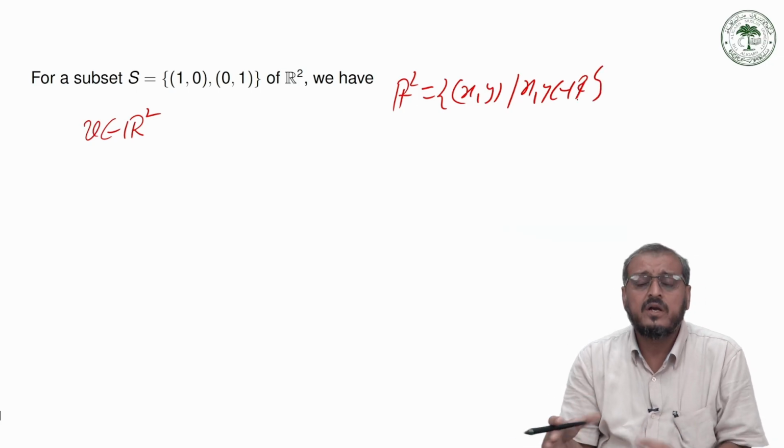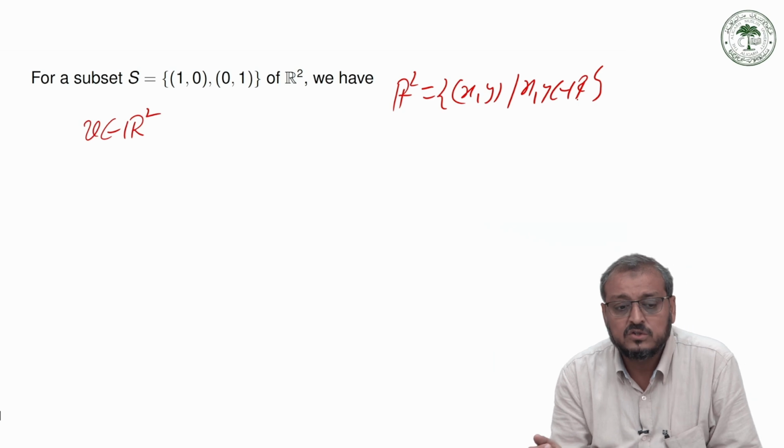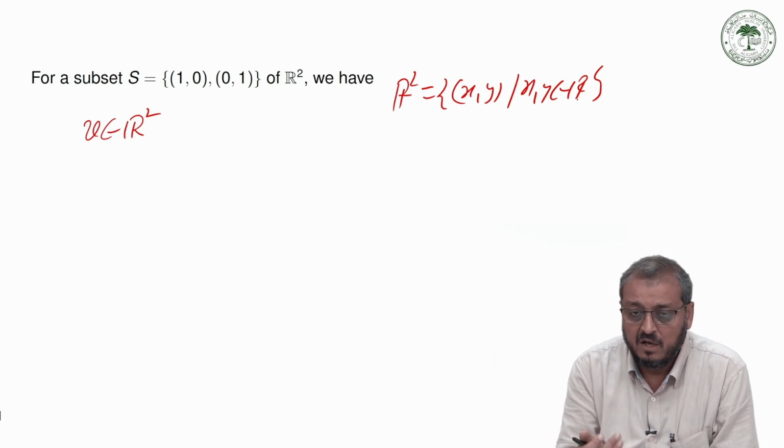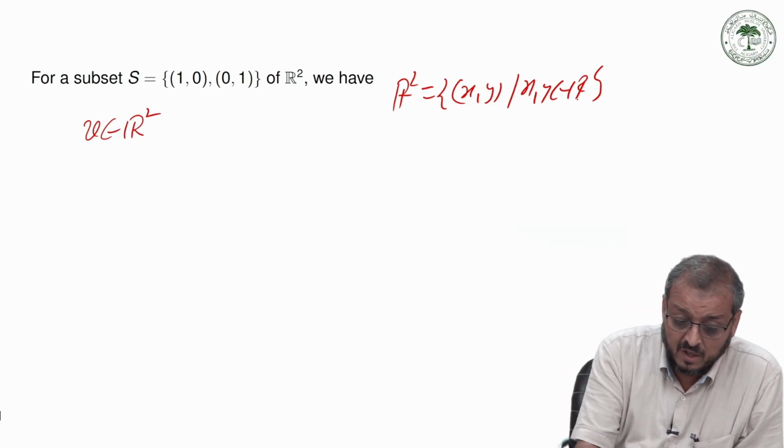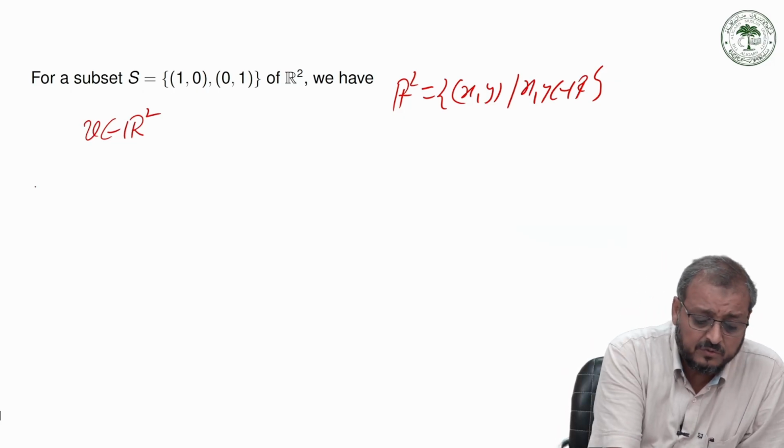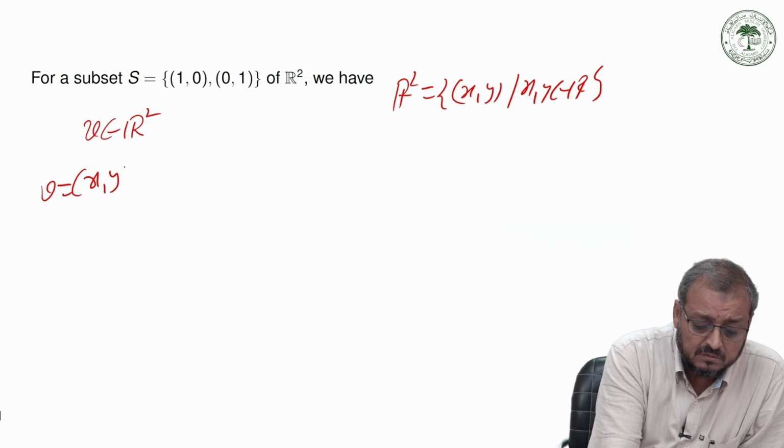In the beginning we already said that throughout this course we assume our field is real, otherwise we have to specify a different field. So if V is in R2, V is of the form (x, y).